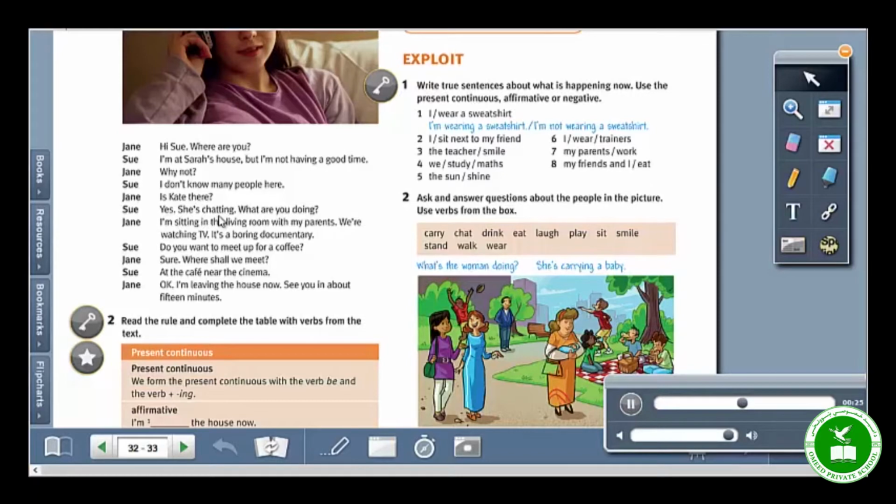Yes, she's chatting. What are you doing? I'm sitting in the living room with my parents. We're watching TV. It's a boring documentary. Do you want to meet up for a coffee? Sure. Where shall we meet? At the cafe near the cinema. Okay. I'm leaving the house now. See you in about 15 minutes.